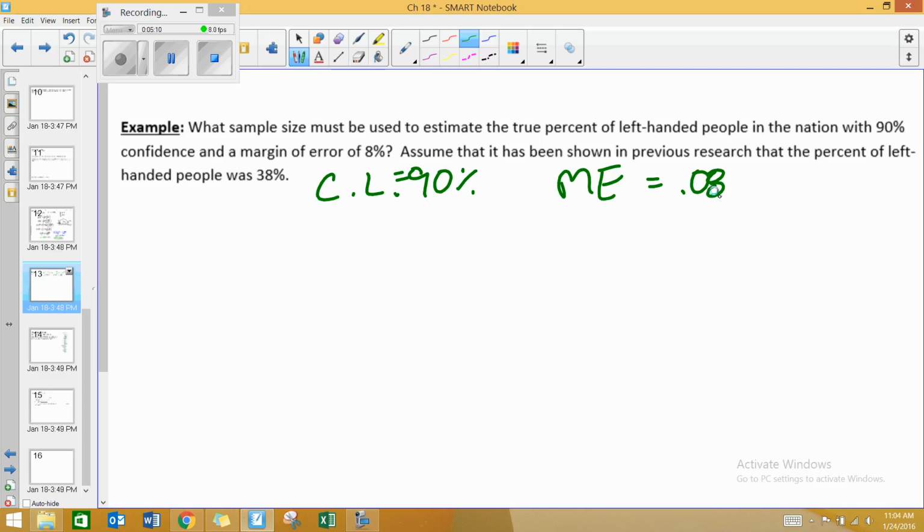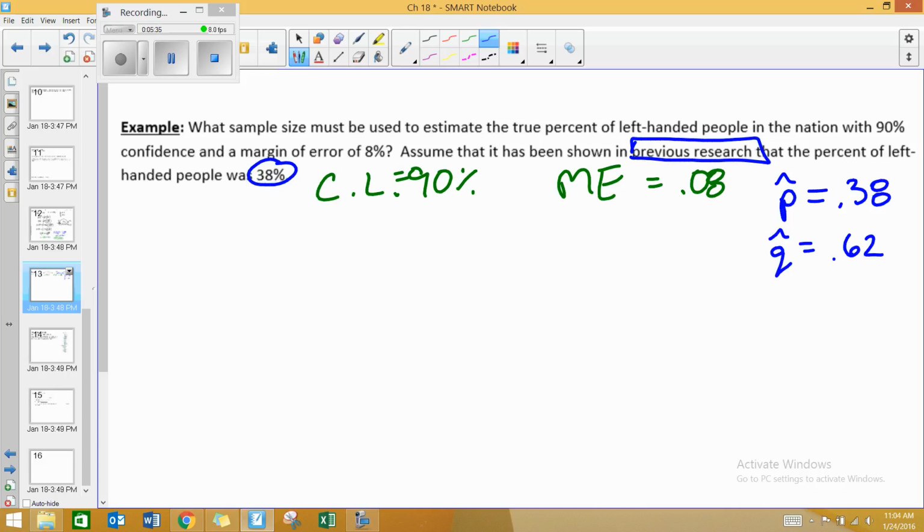So that 38% is our sample proportion. Somebody else conducted some previous research, a sample was done, and it said that the proportion of left-handed people was 38%. So that gives us our p hat. While we're at it, if p hat is 0.38, that means q hat is 0.62.